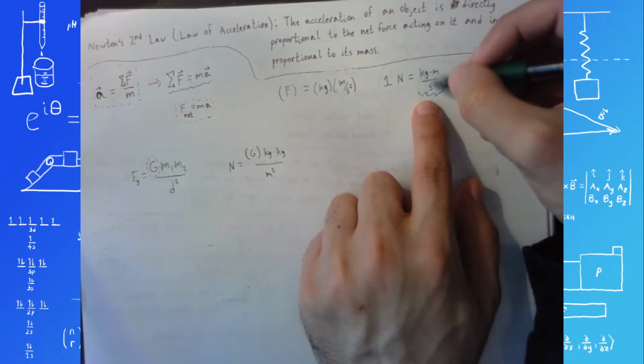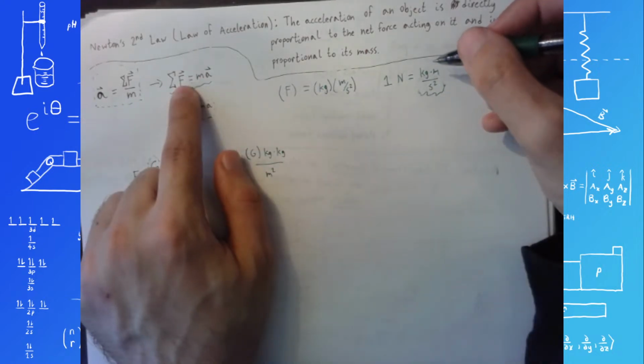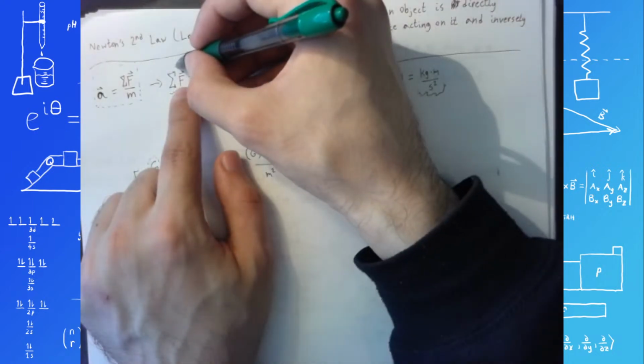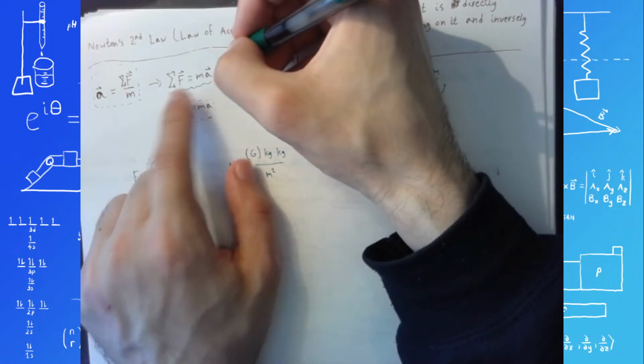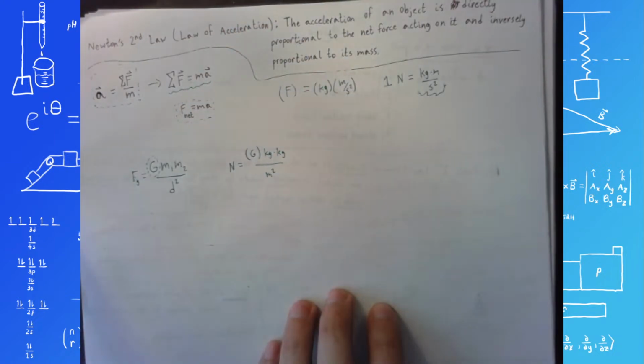And again, if you don't remember this, just use any of your force equations to get newtons equals and then just sub in the units of all the other variables in that equation.